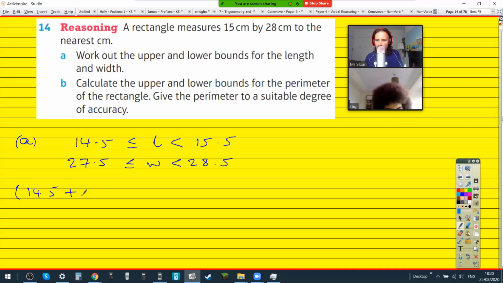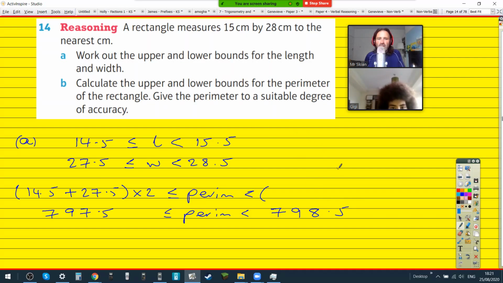All right. 797.5. So the other one would be 798.5. And calculate the upper and lower bounds for the perimeter, and then a suitable degree of accuracy. I guess they both round. Oh no, they don't round up to the same.